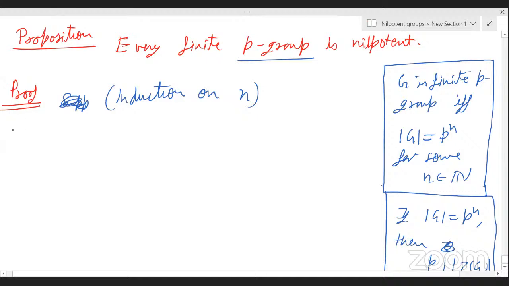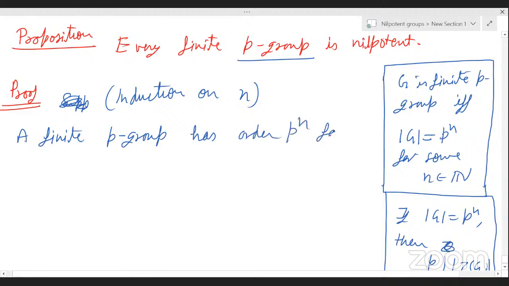A finite p-group has order p to the power n for some n, and for this n we will use induction.